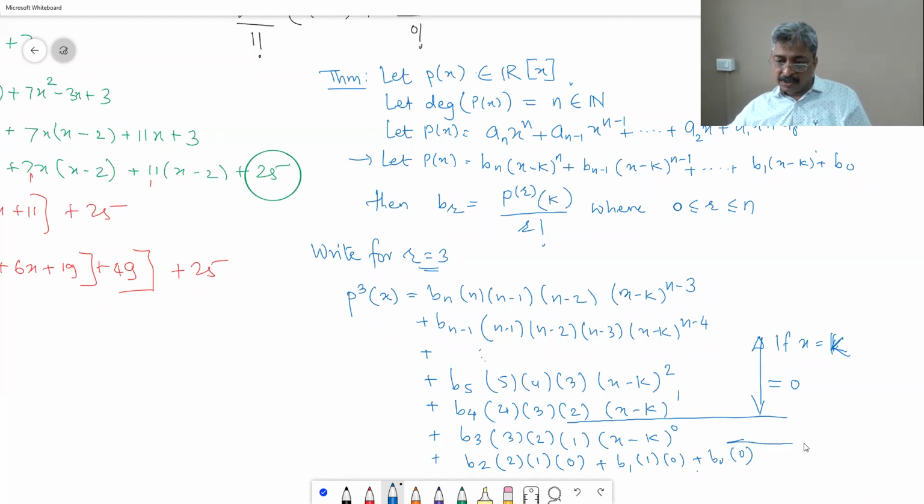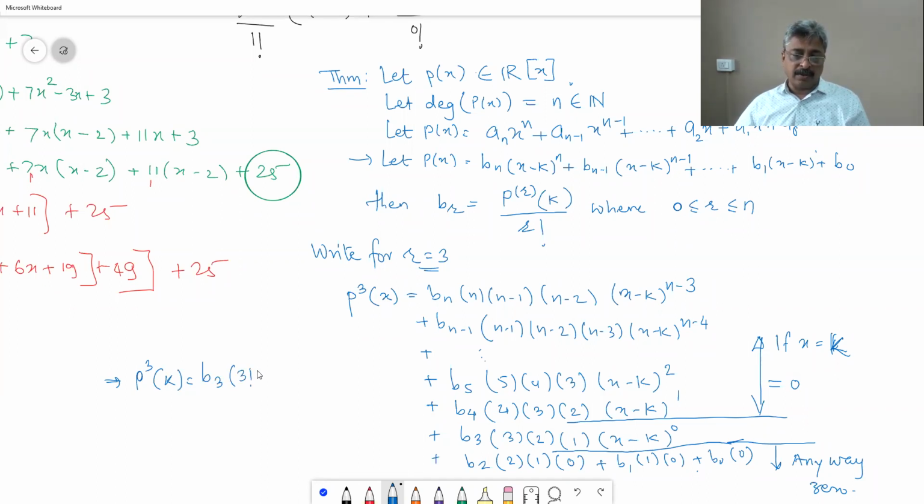After this, anyway it is 0, because there is a multiplier after this step. So this implies P of 3 of k is equal to B3 into 3 factorial.